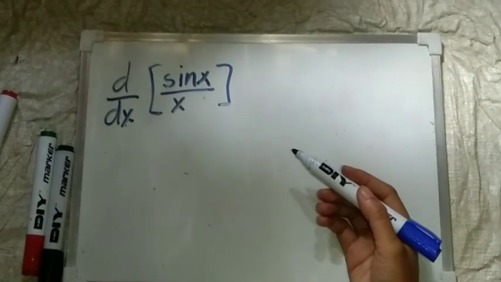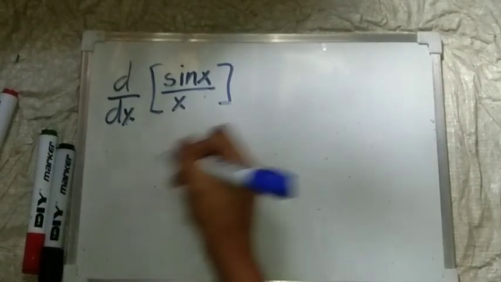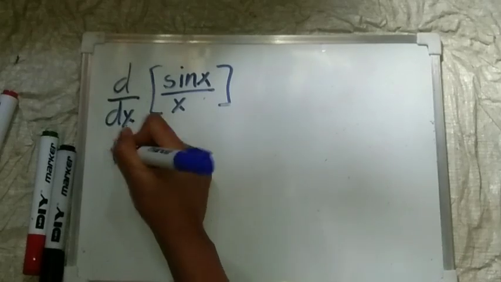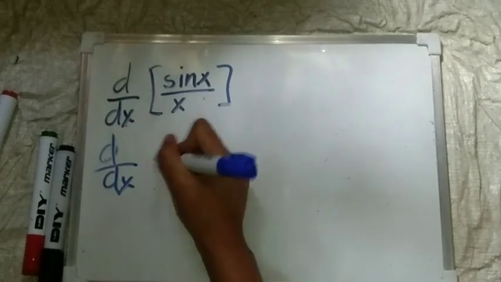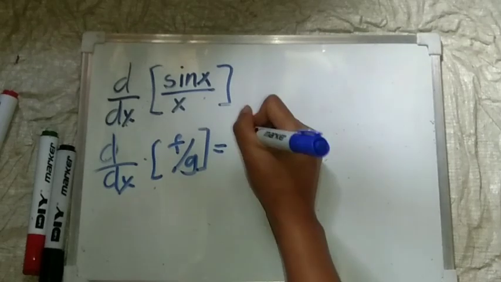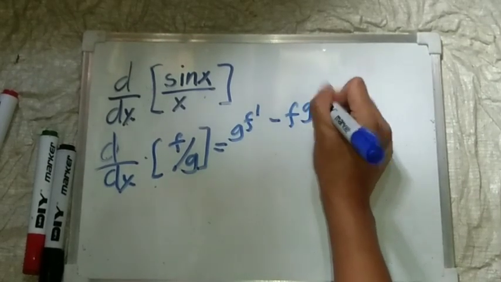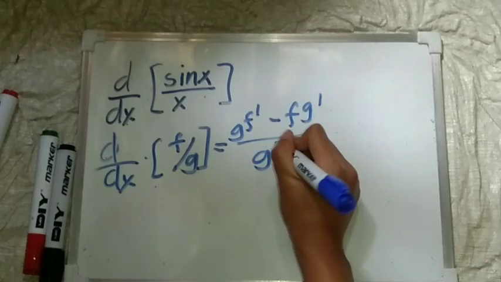So first, let's write the formula for us not to be confused on solving. So our formula is the derivative of f divided by g is equal to g f prime minus f g prime, over g squared.